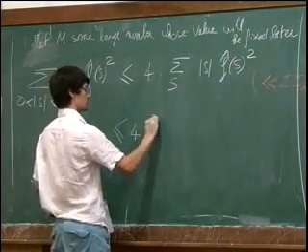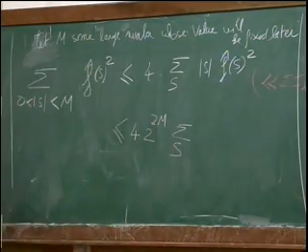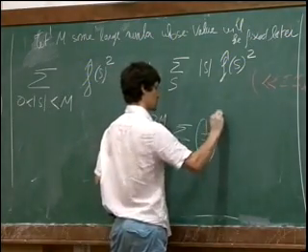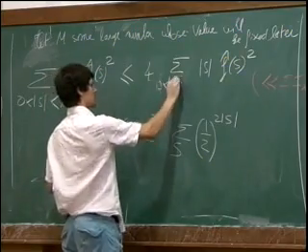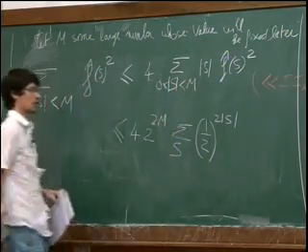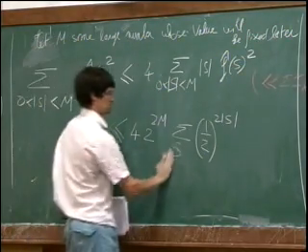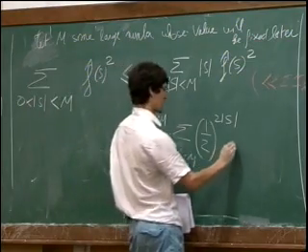So this is less than the sum over S, 2 to the 2m, and 1 over 2. Oh, sorry, here it was for cardinality between 0 and m, and this is cardinality between 0 and m. And then we have this.